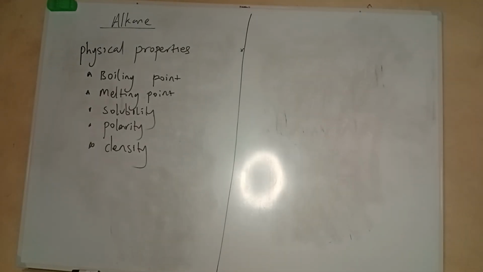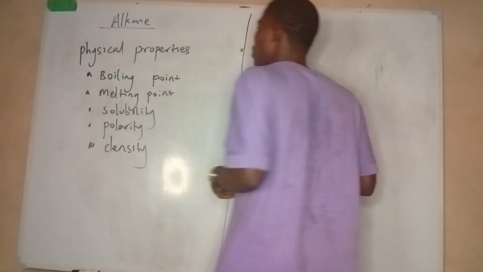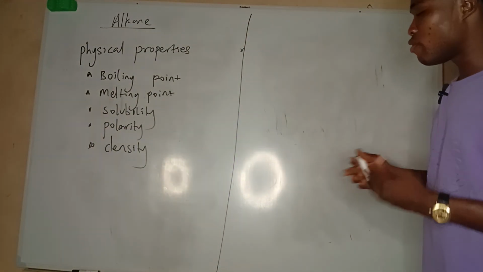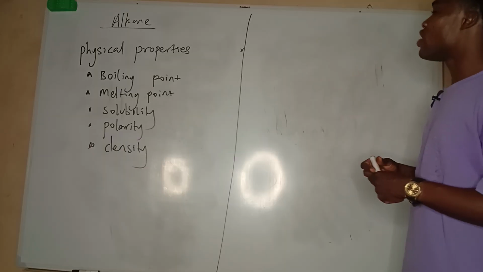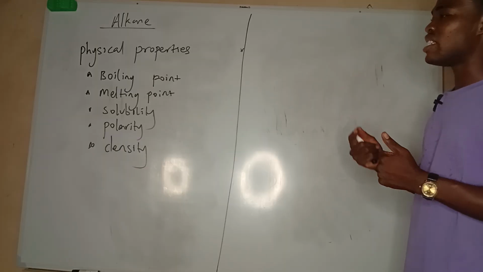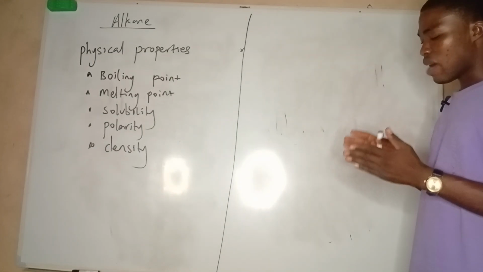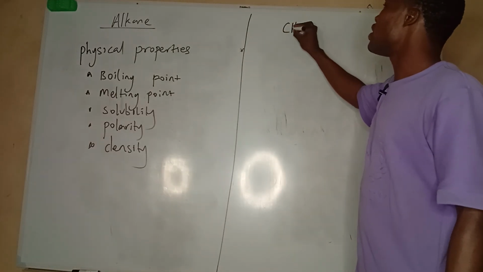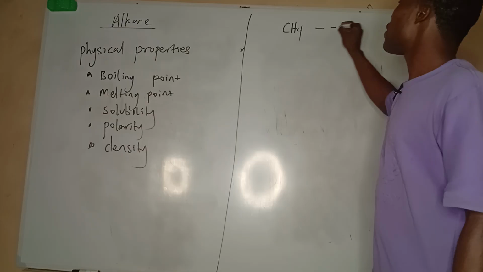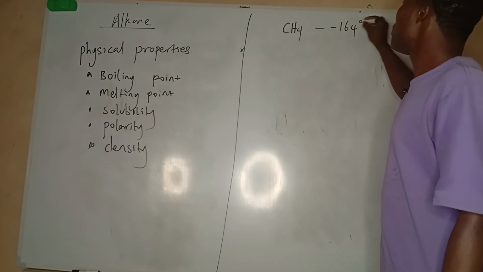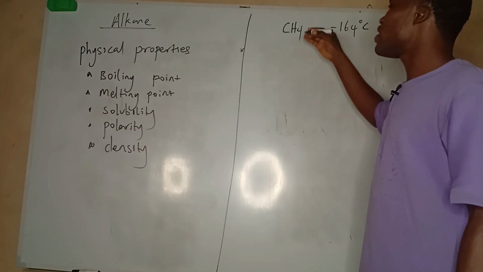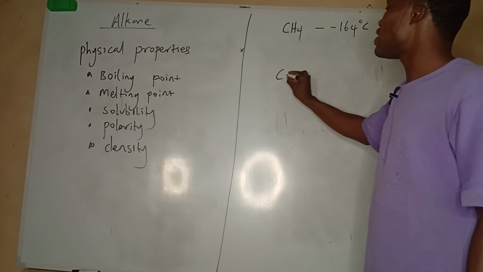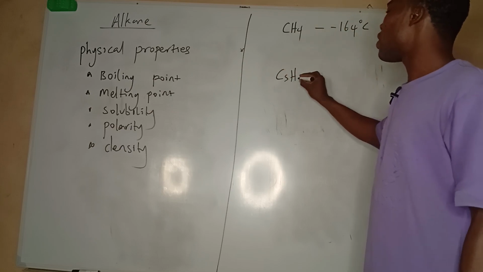Now, boiling point and melting point work together very fast. The boiling point of alkanes increases as the carbon atom count increases. For instance, the boiling point of methane is around minus 164 degrees Celsius. It increases as you progress, and then we get to pentane, C5H12.